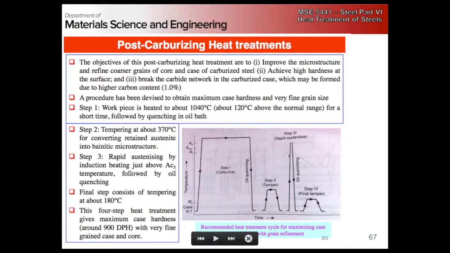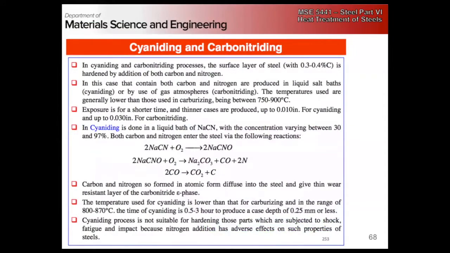Then a very rapid austenitizing temperature back up, an oil quench, and then a final temper, right? And so one of the questions to ponder is thinking about how on earth this actually achieves the aims that are put out there. Okay.